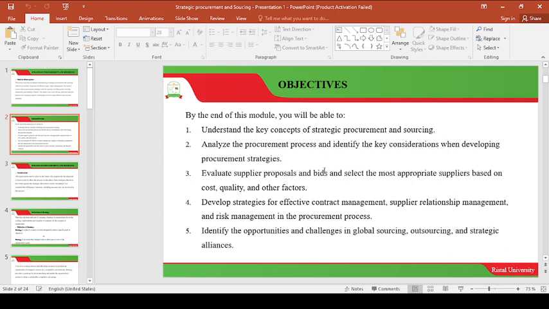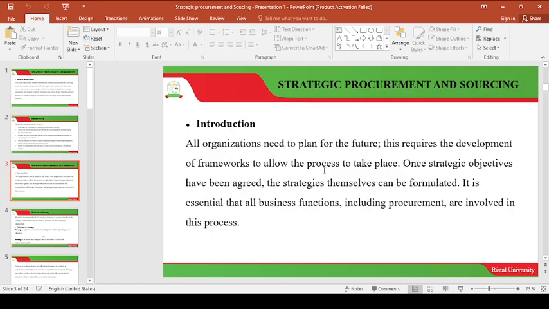So, what is strategic procurement? All organizations need to plan for the future. So, this requires the development of frameworks to allow the process to take place.